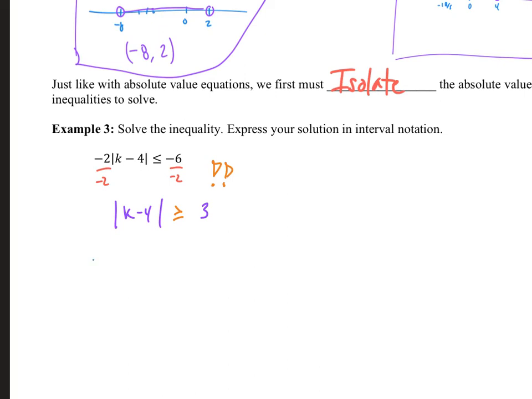So k minus 4 is greater than or equal to 3. And then k minus 4 is less than or equal to negative 3. And then, of course, we'll just add 4 to both sides. K is greater than or equal to 7. K is less than or equal to 1.